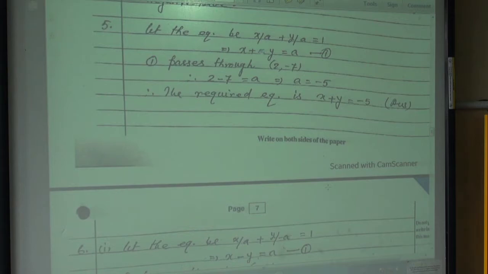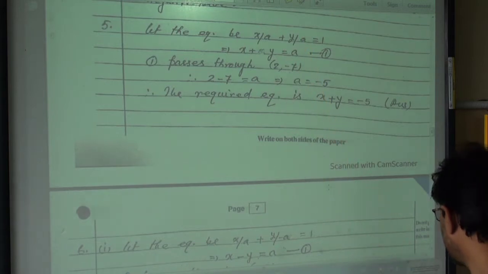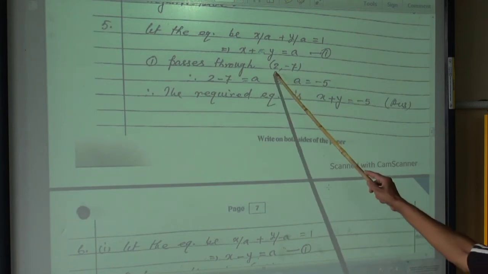Here the question is, find the equation of the line which makes equal intercepts from the axis and passing through the point 2, minus 7.